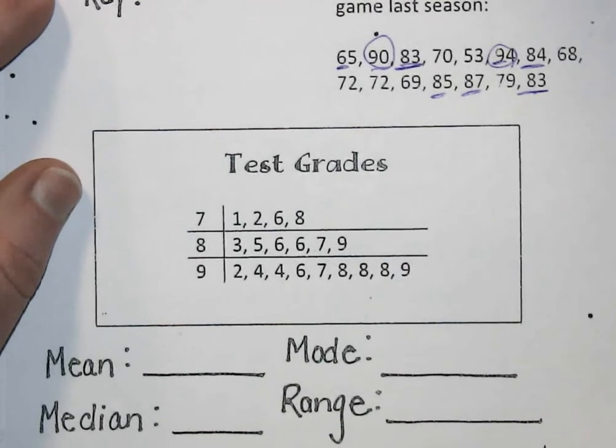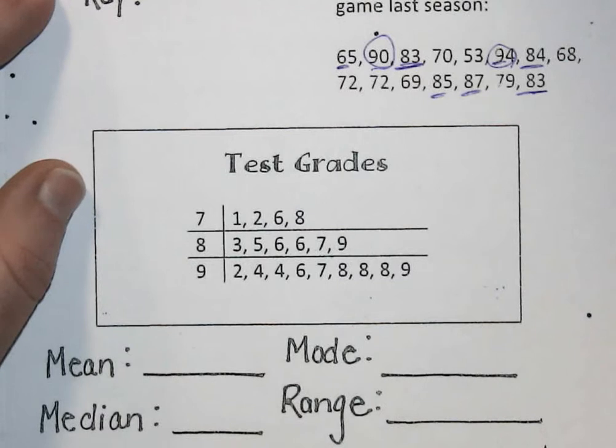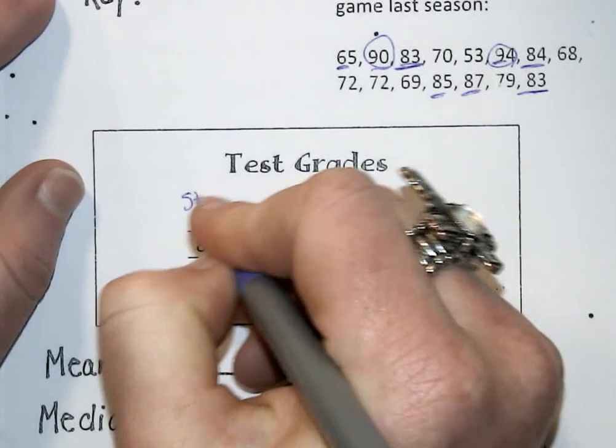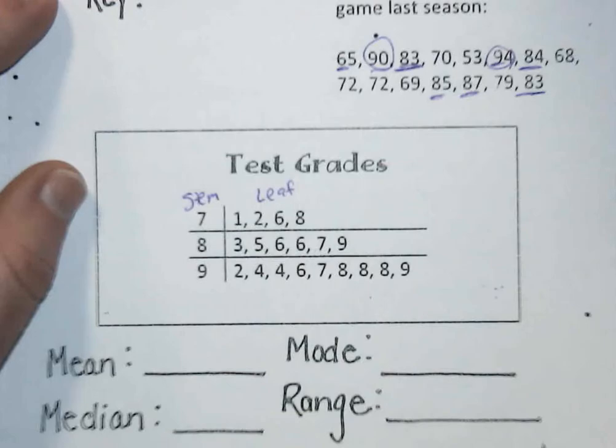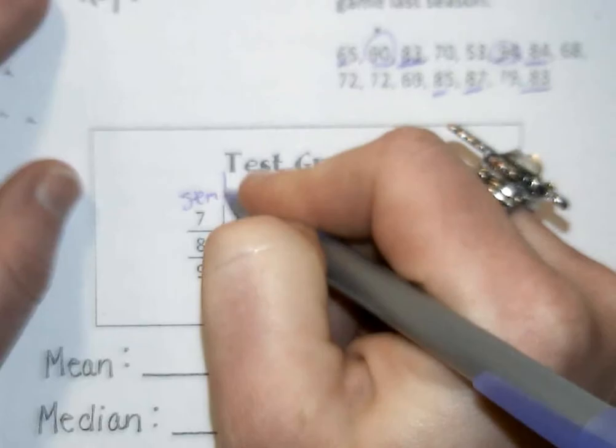So looking at this, if I want to know, okay, how many test grades are we looking at right here? Is it 1 person, 3 people, or are there 10 people? If you just count, this is our stem section, if you want to write that, and here is the leaf section. They're divided, tens place and then ones place.